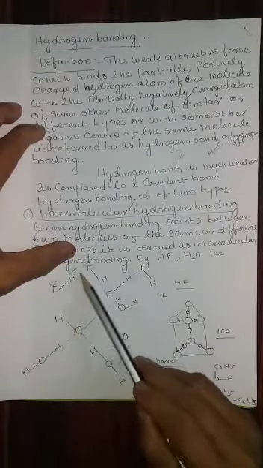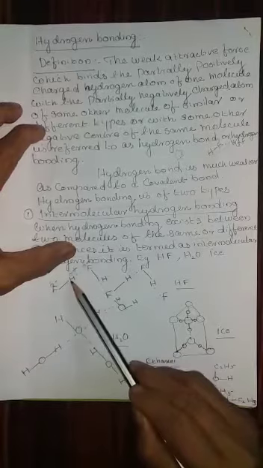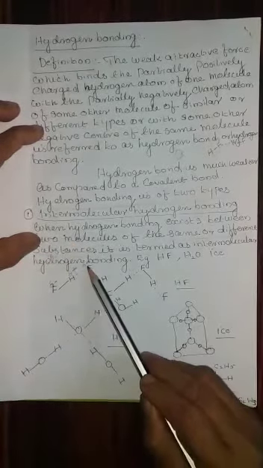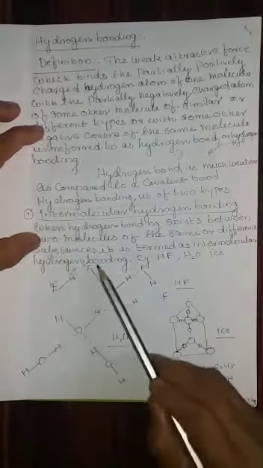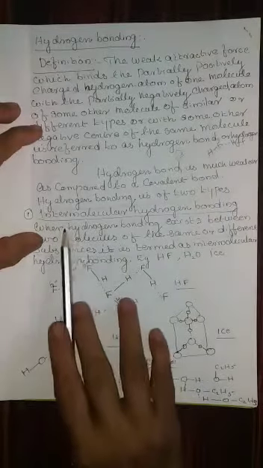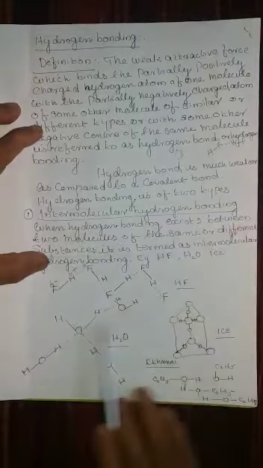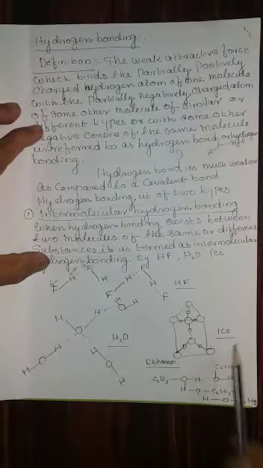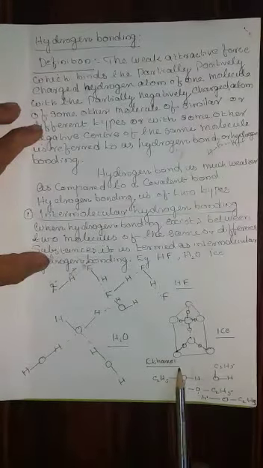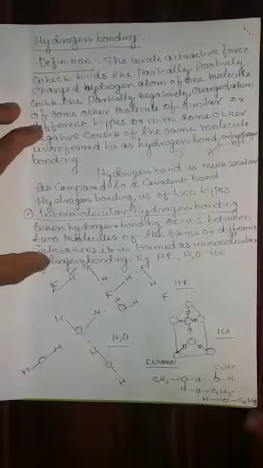Therefore, a weak bond is obtained between a partially positive and a partially negative atom. That type of bonding is called intermolecular hydrogen bond. Another example, water, and another ethanol, ice. All these four examples are given in the syllabus to get an idea regarding intermolecular hydrogen bonding.